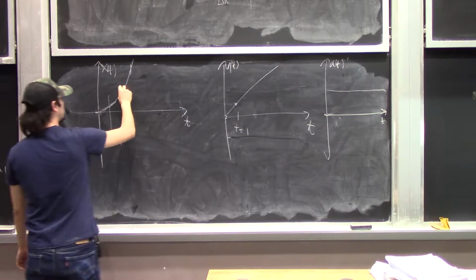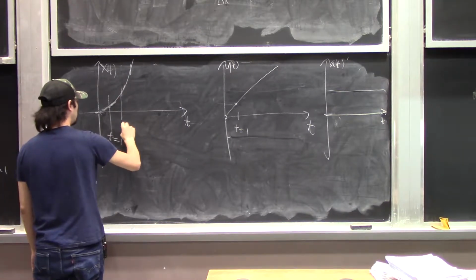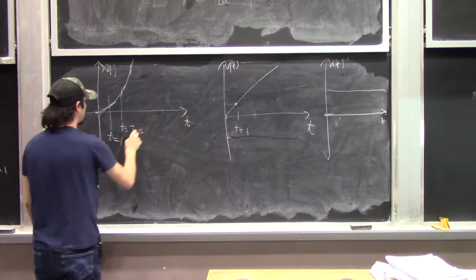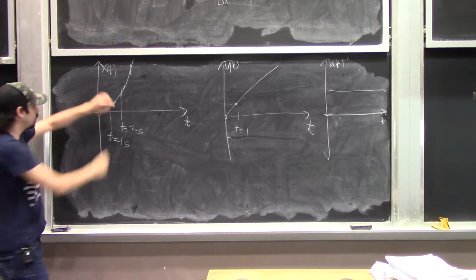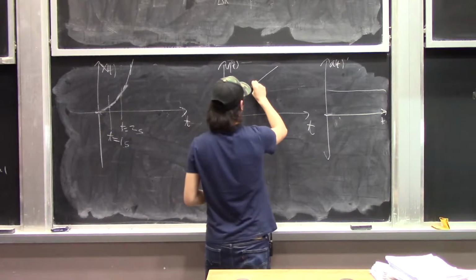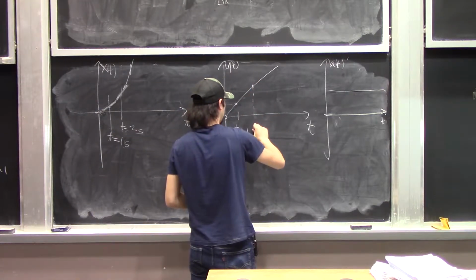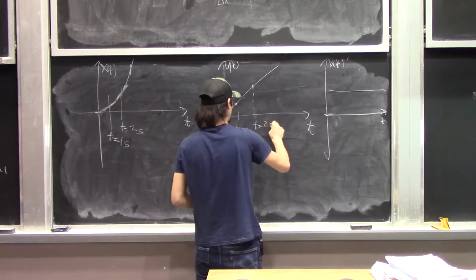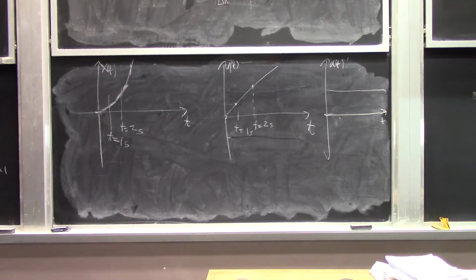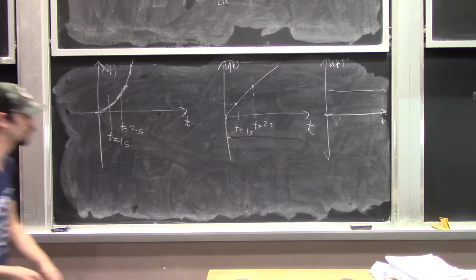I could look at some later time, call this t equal to 2. We can even write this in terms of seconds. So this is 1 second, 2 seconds. So here I have a larger slope, and what that means is I have a larger value of the velocity. So this is t equal to 2 seconds. Okay? Are we on board with this? Okay, good, good.